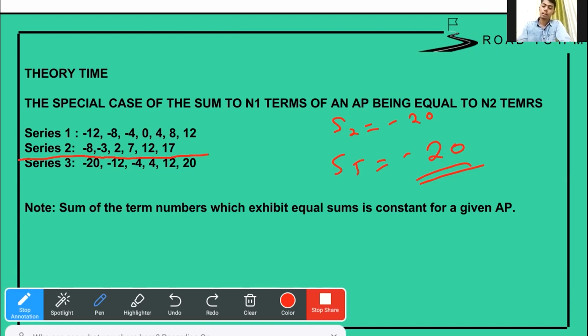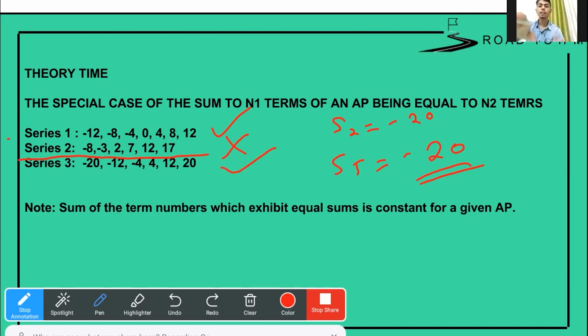If you closely analyze each and every sum, you'll find that this case is not followed in series 2, but it is followed in series 1, and it also happens for series 3. Now, what are the common properties of series 1 and series 3?